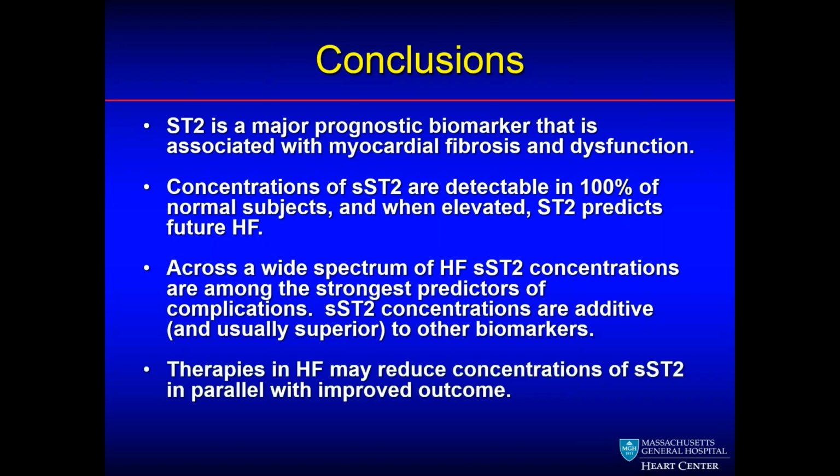And lastly, therapies for patients with heart failure appear to reduce concentrations of ST2. And when we see those reductions in concentrations of ST2, a patient's prognosis is improved. So for all these reasons, we're actually quite enthusiastic about the role of ST2, and with more widespread ability to measure it, we see it playing an increasing role, not just in clinical trials, but also in clinical care.